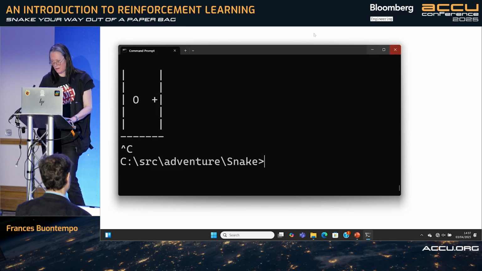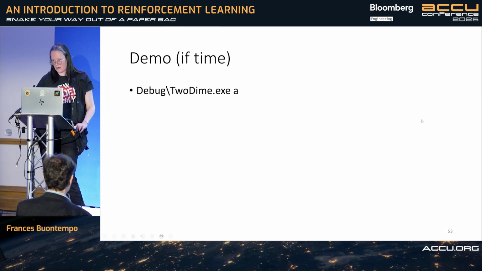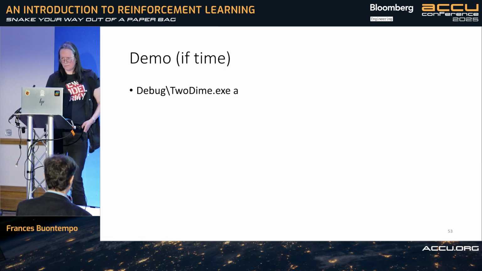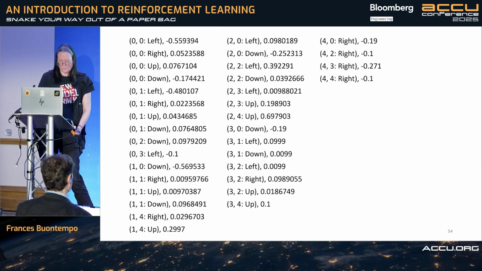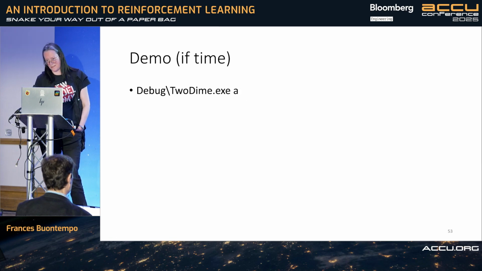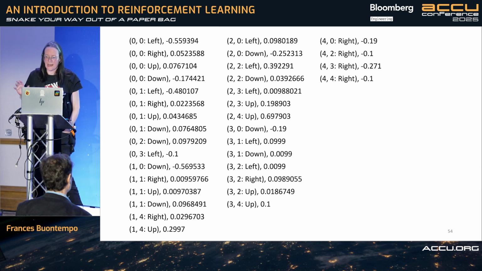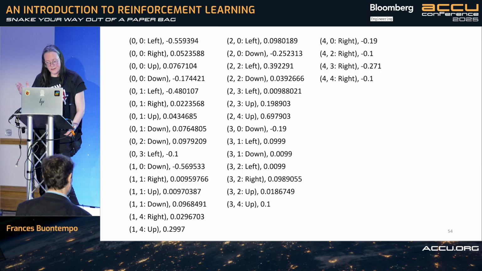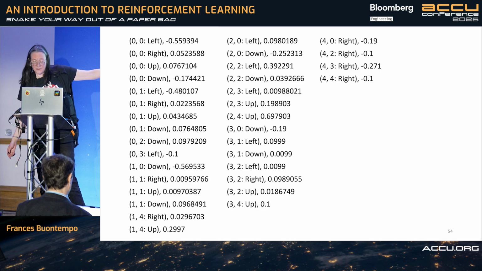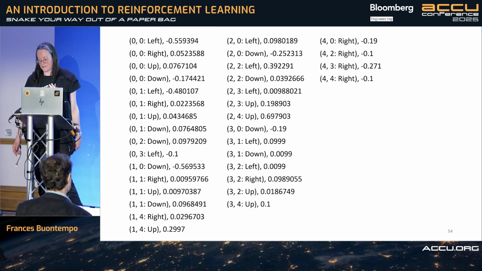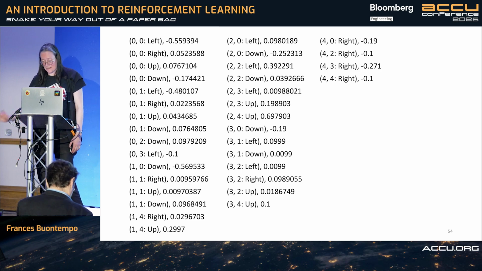Because we haven't got so long left. We've got some time, but there's a typo in that slide, but never mind. Again, I can look at the state table, and that is a way of seeing whether it's got a sensible state or not. You can see that if it goes right from the right-hand edge, the last number is minus 0.1, so that means that's bad.